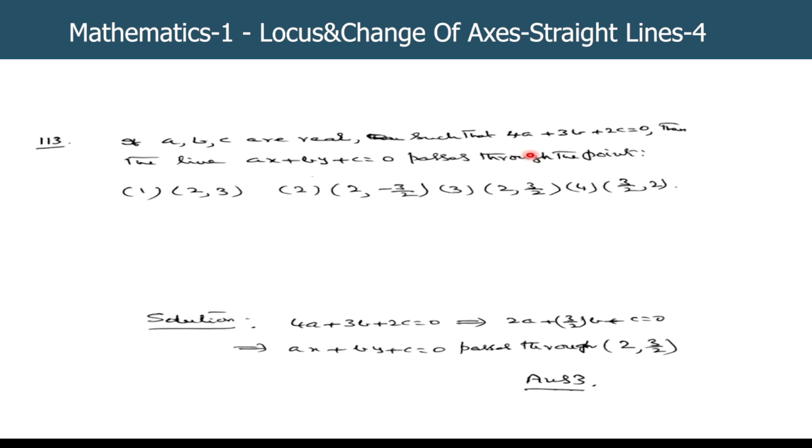Then the line passes through the point k1 by k3 comma k2 by k3. That's a very simple technical problem.